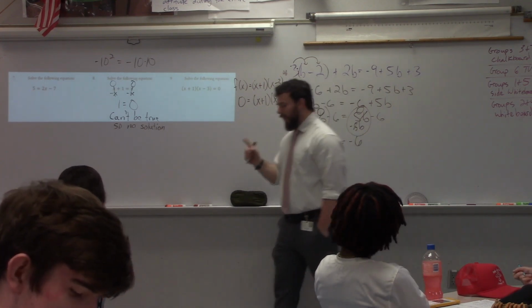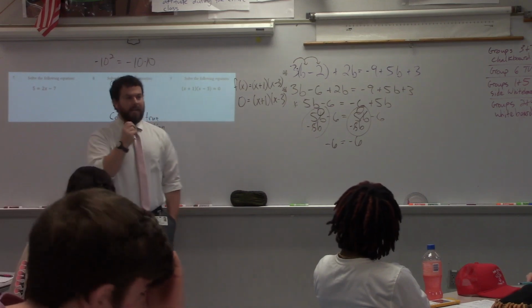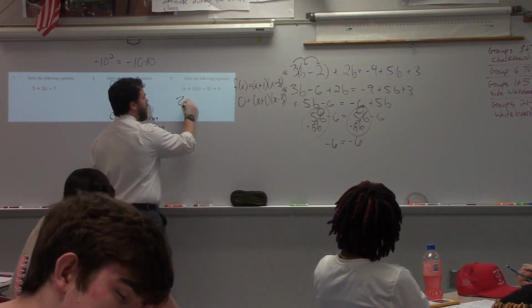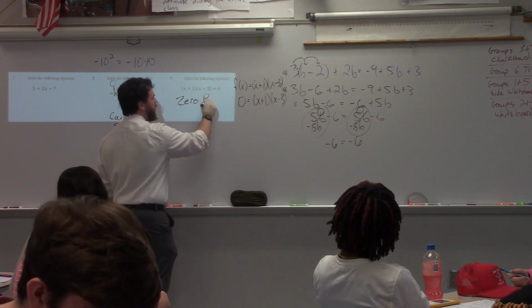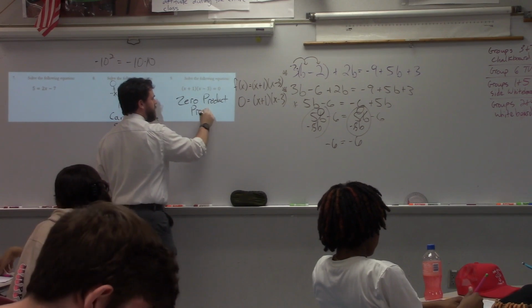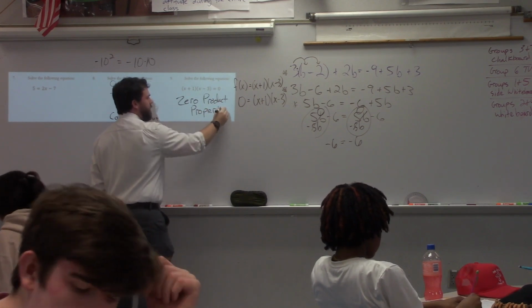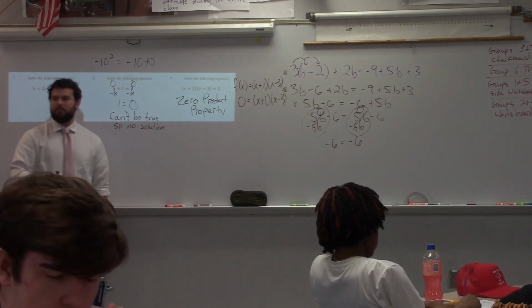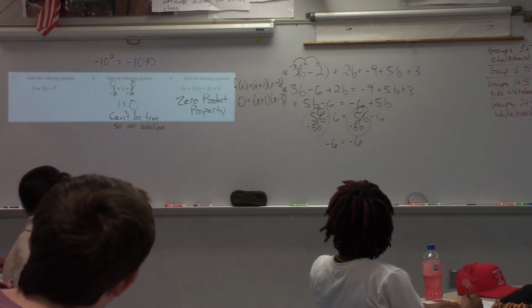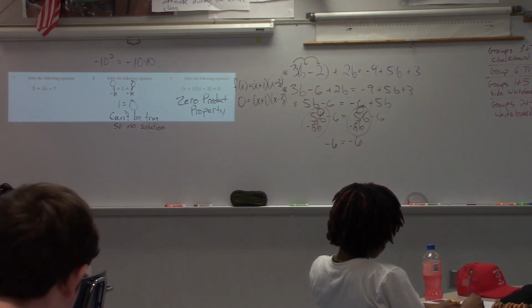But there's something else here that is actually super important to what we're going to be studying, and it is called the zero product property. First off, what's a product? What you get from multiplication, right? And guess what?